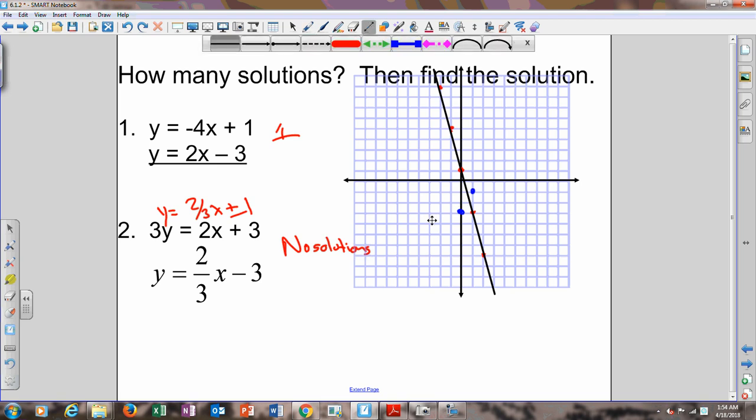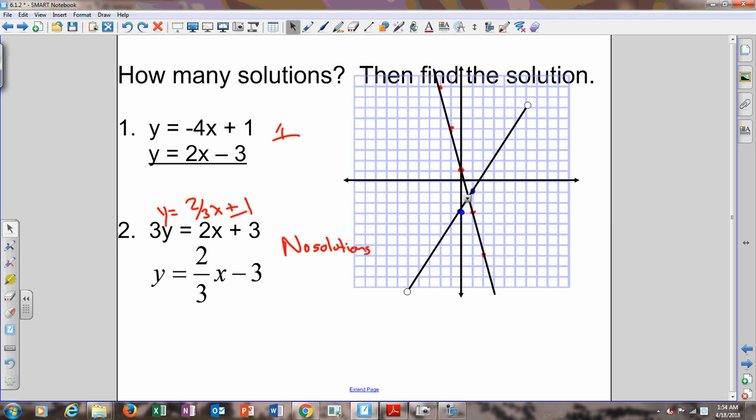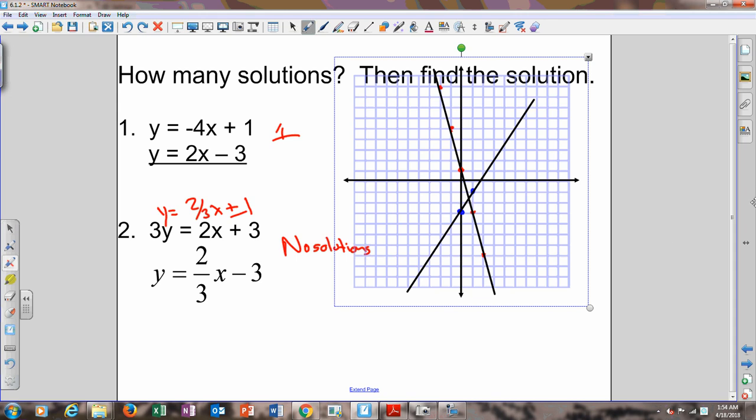You can see where they cross already. Be right in there. Again, it's an ugly one. You just estimate, I'll say 0.75 and negative 1.5. Ugly.